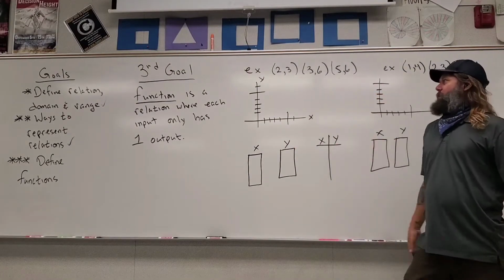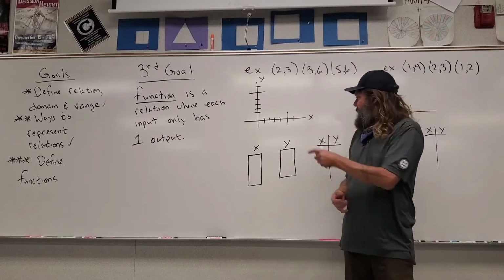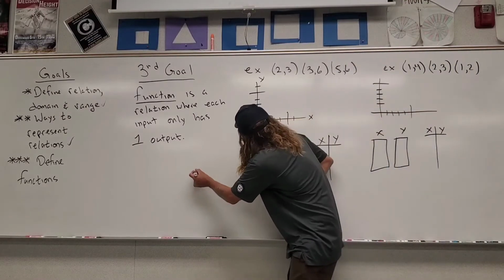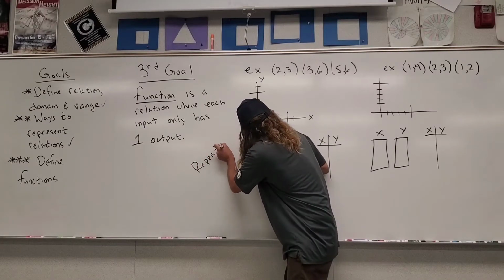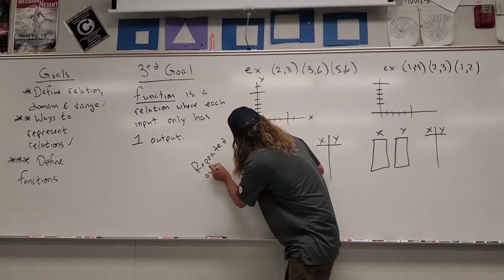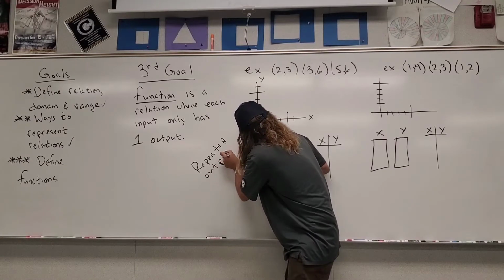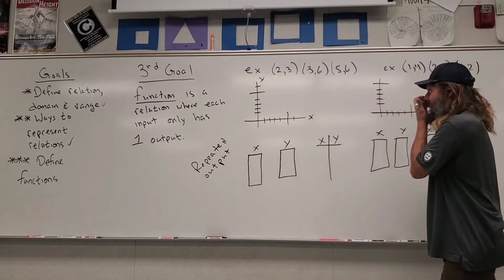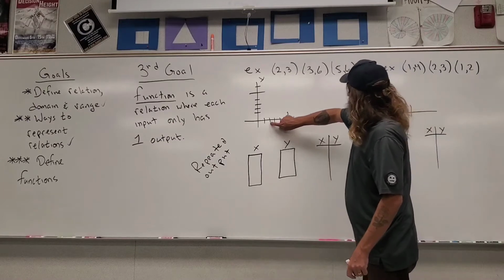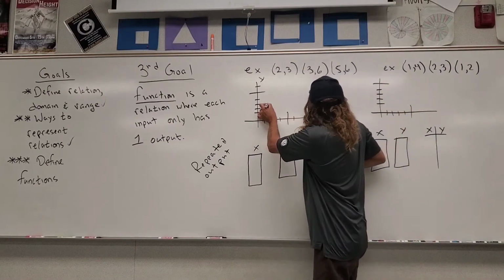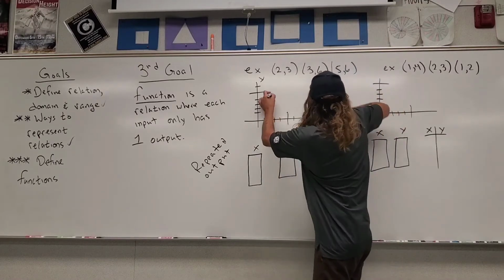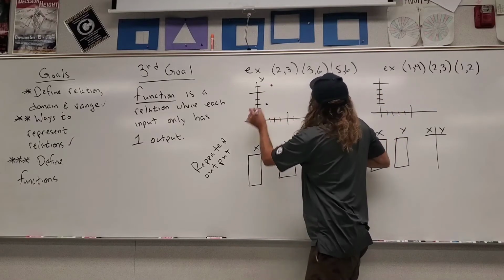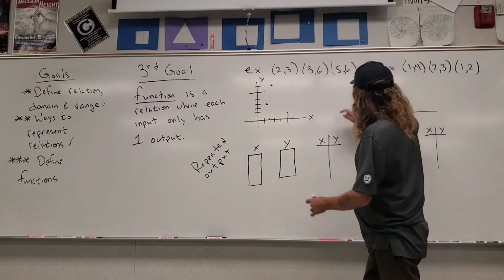And again, I picked very specific examples, and with this example, I wanted to talk about it because this one is important because it has a repeated output. Okay, so graphically, it's going to look like this: 2, 3, 3, 6, and 5, 6.